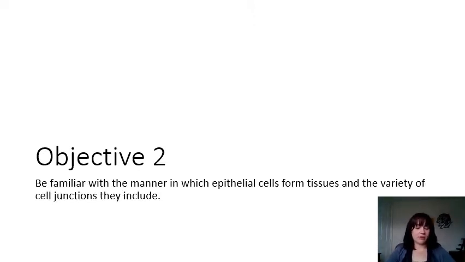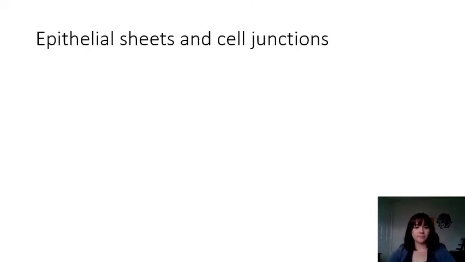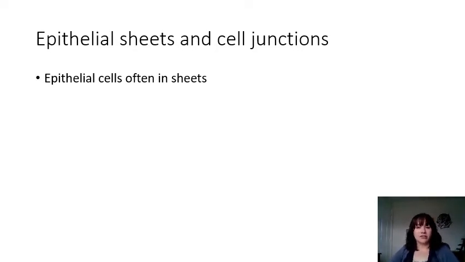Let's talk about objective 2, an example of a tissue and how it is organized. We're going to look at epithelial cells, and then we're going to talk about cell-cell junctions that are important for tissue formation. As we said before, epithelial cells tend to have a lot less extracellular matrix.